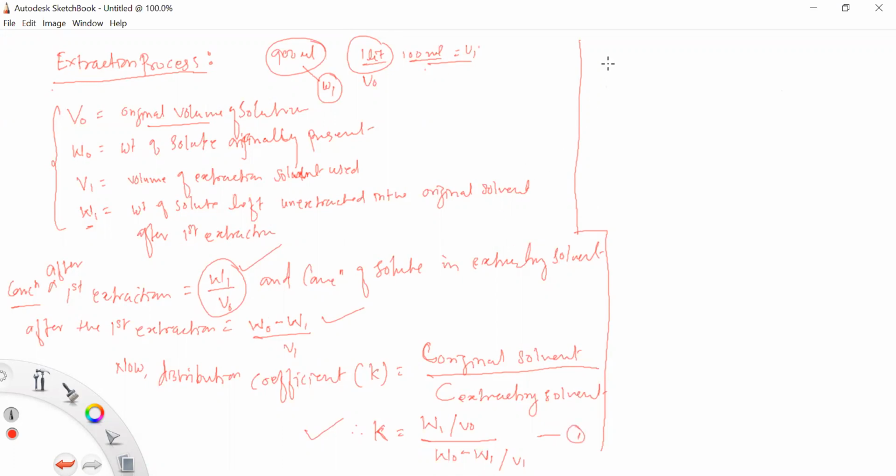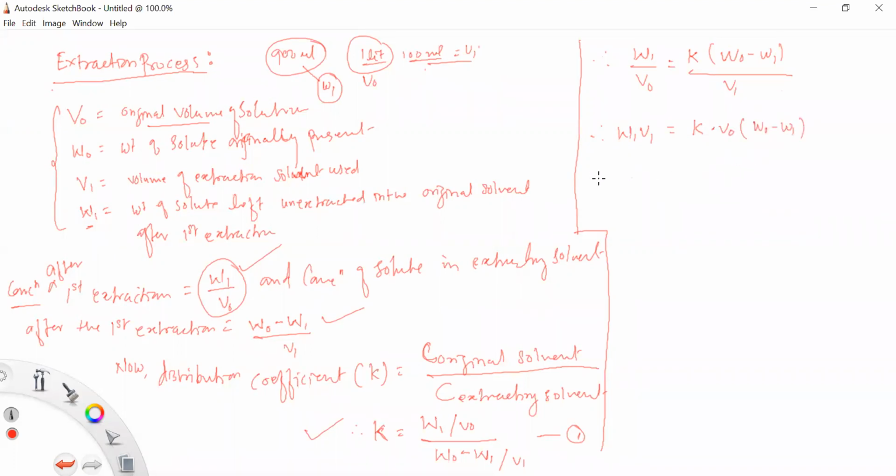Now this equation can be written as W1 upon V0 is equal to K into W0 minus W1 upon V1. So we can write W1 into V1 is equal to K into V0 into W0 minus W1.